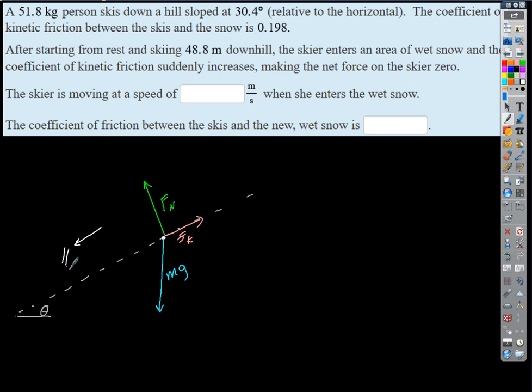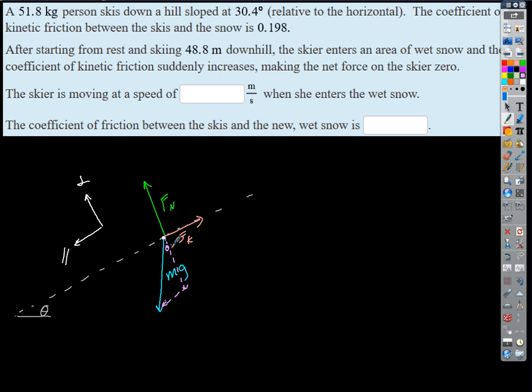That's going to be the positive parallel direction, and that's going to be the positive perpendicular direction, right? So the only one I've got to change is this guy down here. I've got to break up this mg into a perpendicular and a parallel component. And if that's theta, then so is that.